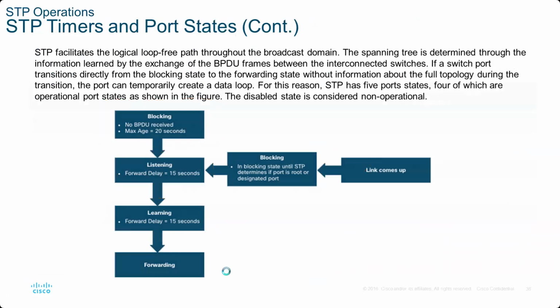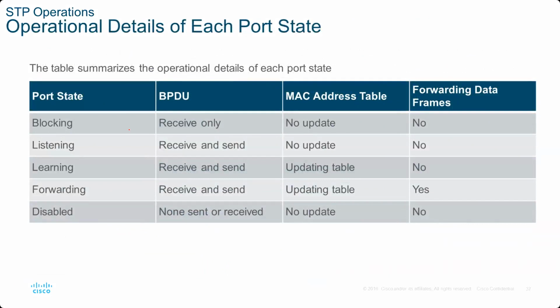In the blocking stage, the BPDUs are received, there is no update of the MAC table, and the data frame cannot be forwarded. Similarly, in the listening and learning stages, every switch can receive as well as send. In the listening stage, again, no update and no data transfer is done.